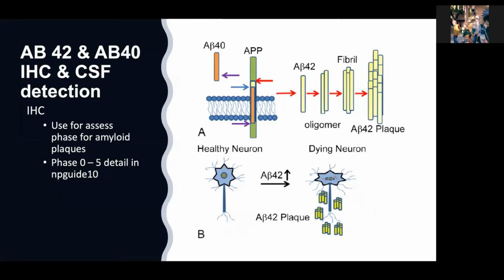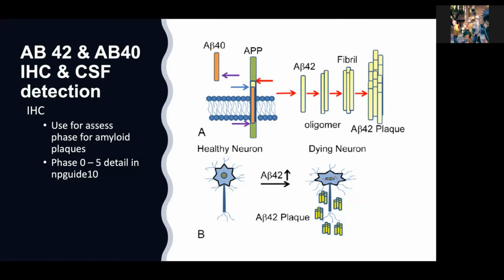In general the majority should be amyloid beta 40, so what they're measuring is the level of amyloid beta 40 versus amyloid beta 42 in the disease. You expect more amyloid beta 42, which would give you the aggregation.